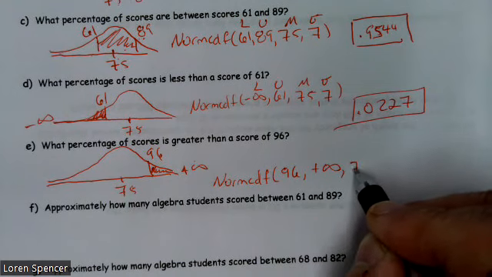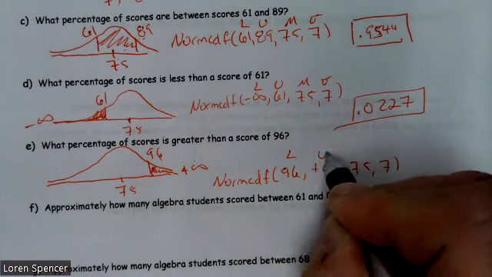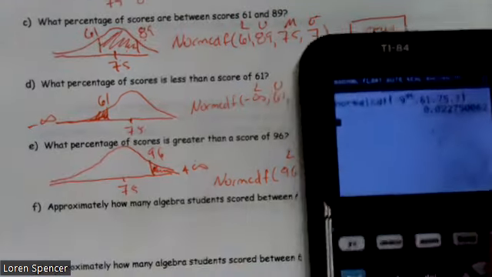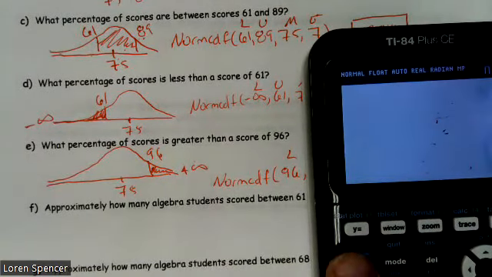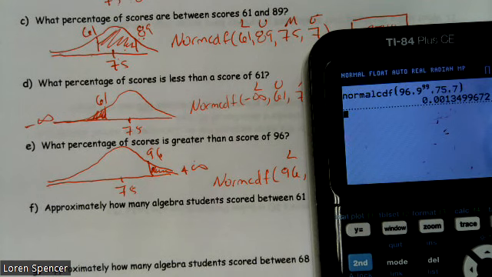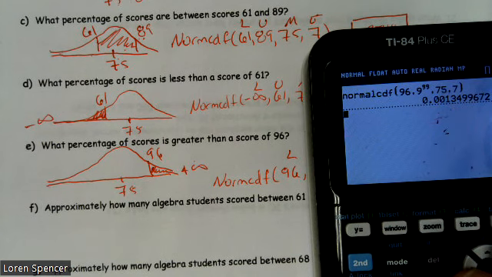Our mean is 75, and our standard deviation is 7. Lower, upper, mean, standard deviation. Second vars, normal CDF, 96, positive infinity, which is 9 E 99, 75, 7. And we end up with less than 1%, really about 0.1%. So 0.0013.